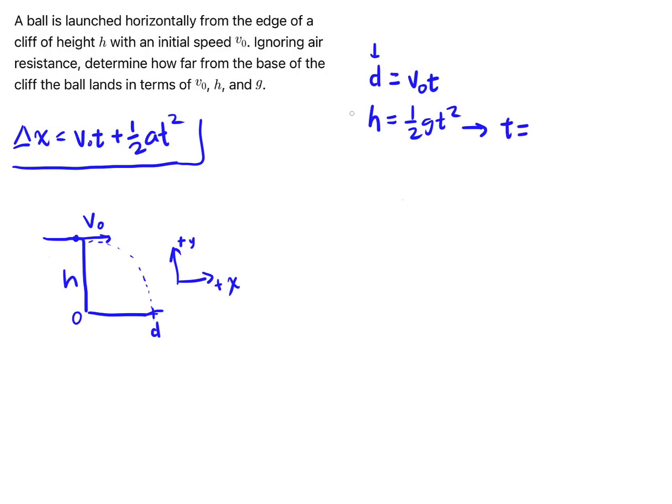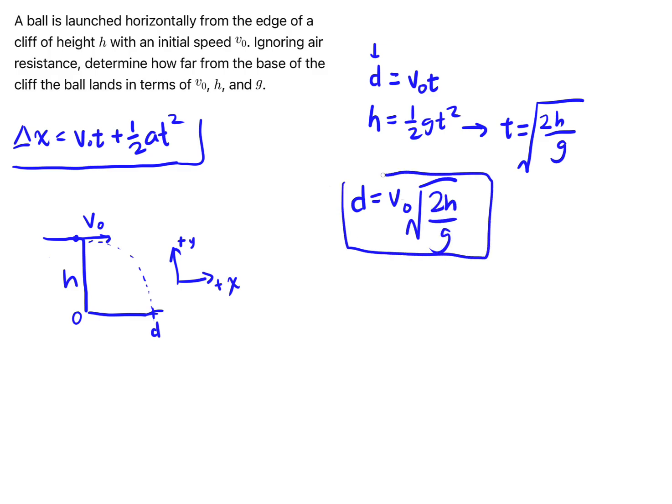If we multiply both sides by 2 and divide by g, we get 2h over g, and then we square root it to get that t equals the square root of 2h over g. And then we plug it back into our first equation. So d is v0 times t, which is v0 times the square root of 2h over g. And this would be our answer.